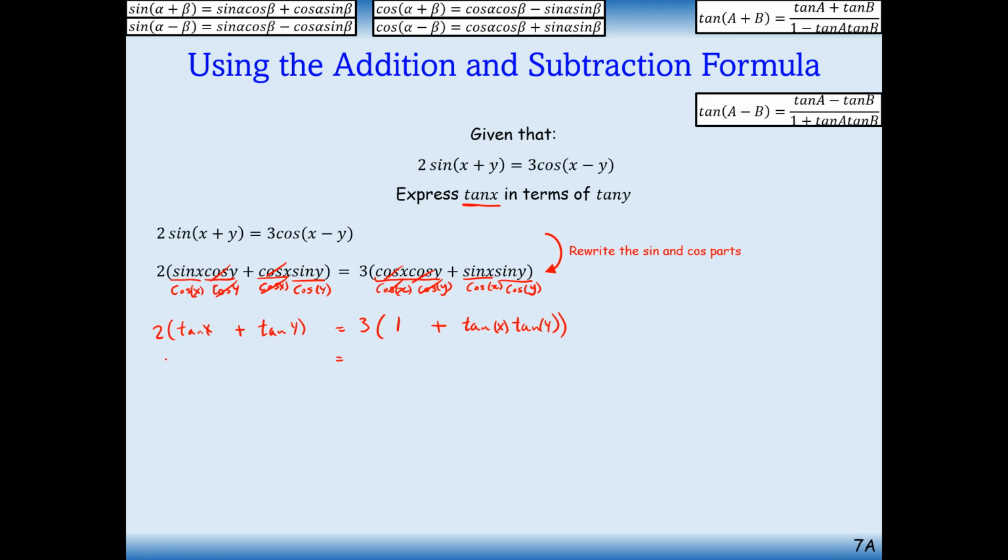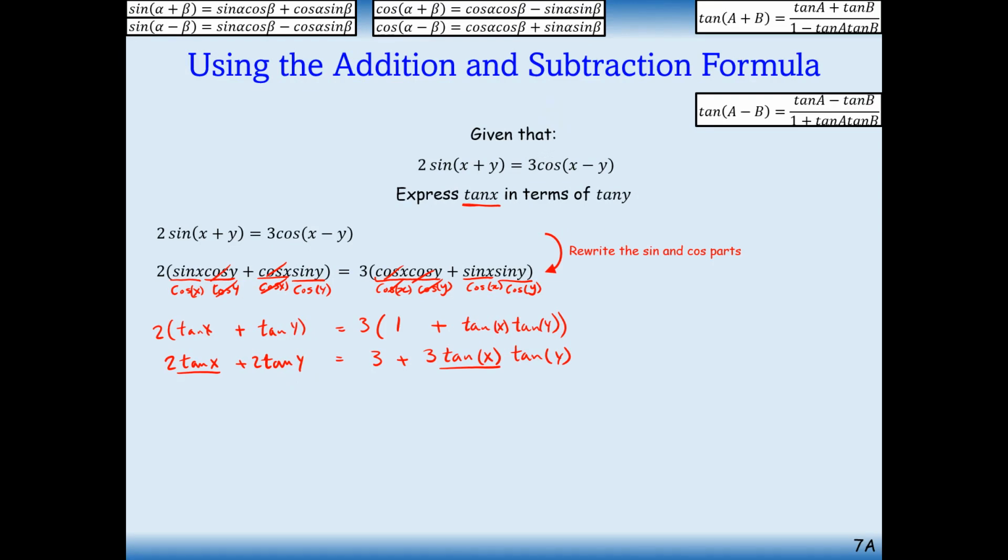tan of x. So we'll have 2 tan of x here and 2 tan of y. We can think about multiplying out and adding and subtracting all the terms that have tan of x in them. So I see tan of x here and tan of x.